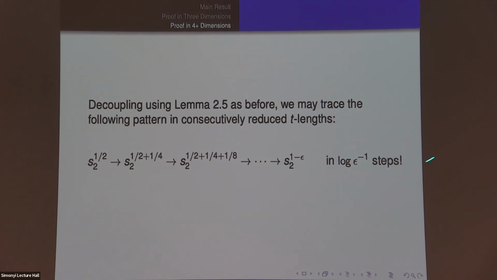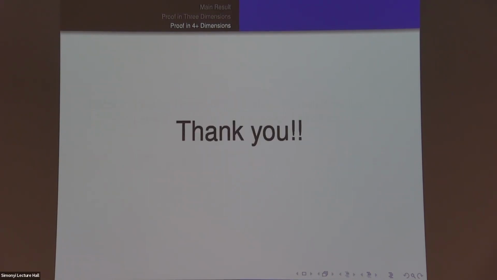But you want to keep track of how many steps are occurring to get to S2 to the 1 minus epsilon. And this is fine. It just needs to be a nice function of epsilon. Okay, I think that is it.